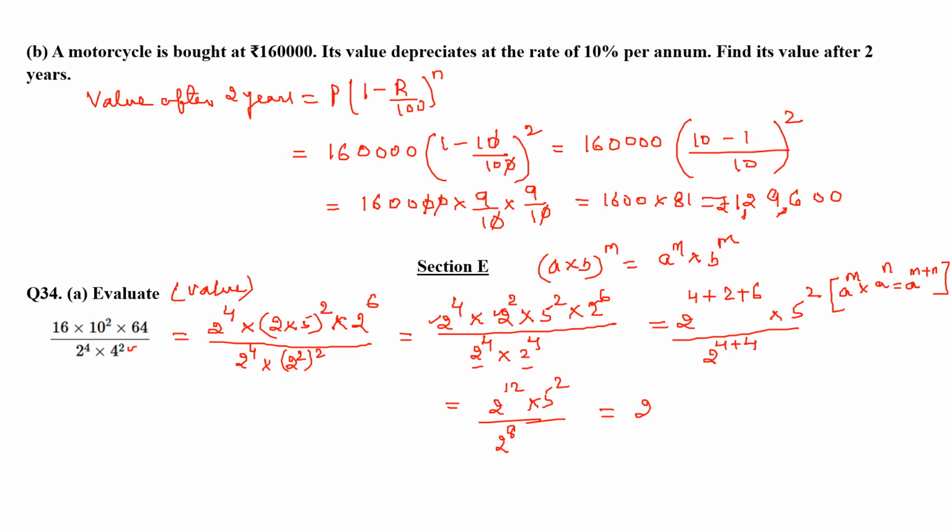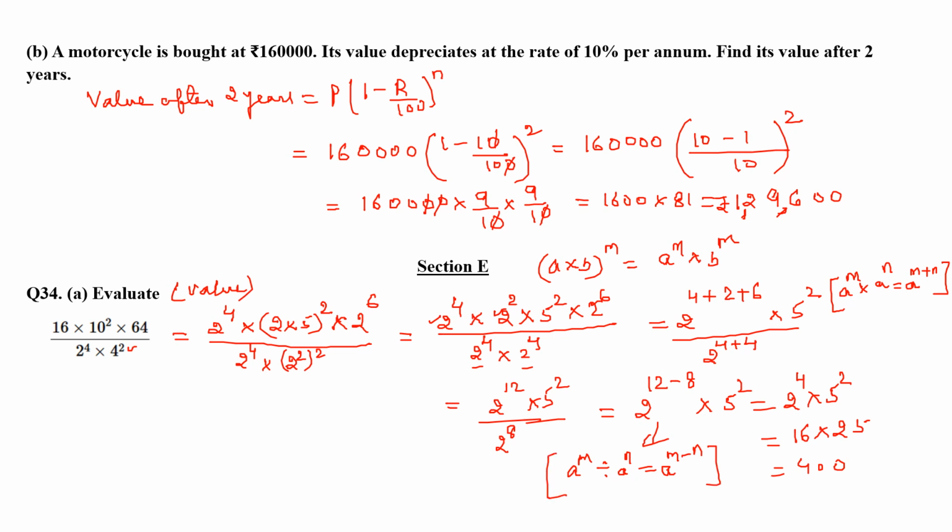So you have to subtract the powers: 12 minus 8 into 5 square, and 12 minus 8 will give me 4. So 2 to the power 4 into 5 square. 2 fours are 16 and 5 square is 25. So 16 into 25 is 400. And please mention the law used over here also. It is a to the power m divided by a to the power n equal to a to the power (m minus n). Okay, so wherever you are using the laws, please mention them. Now I'm moving to the next question. It is 400.